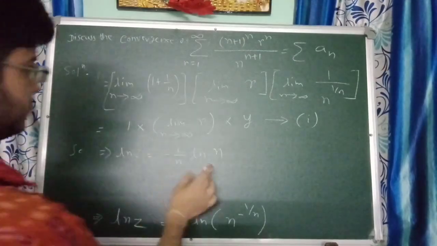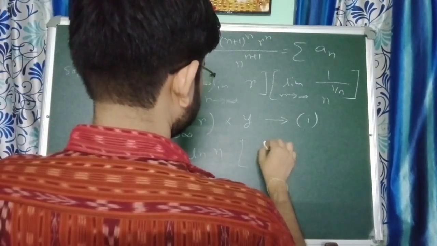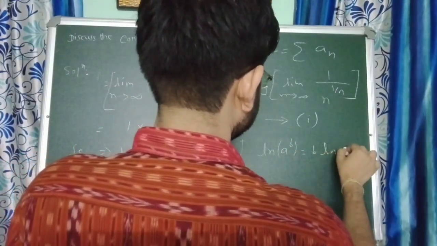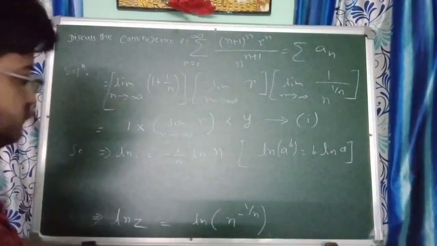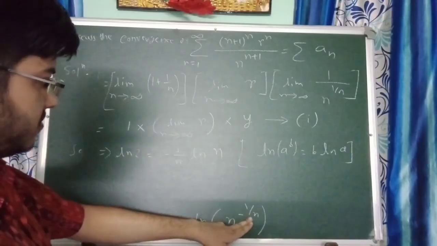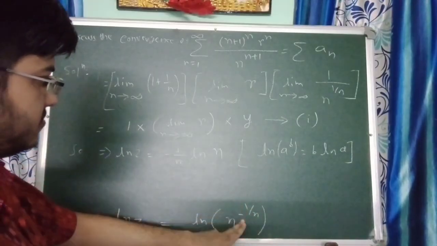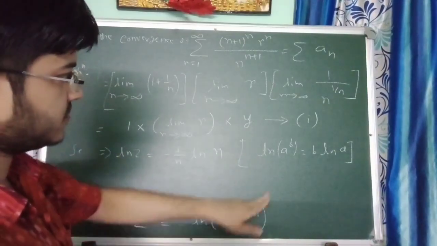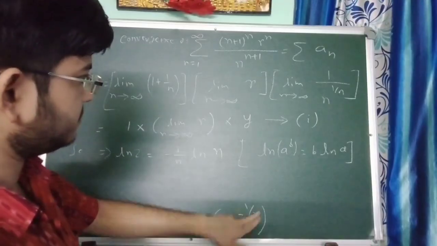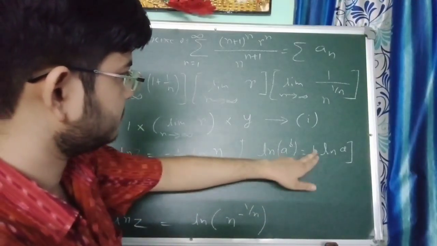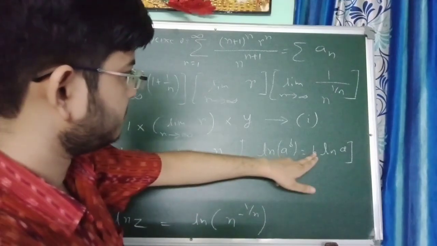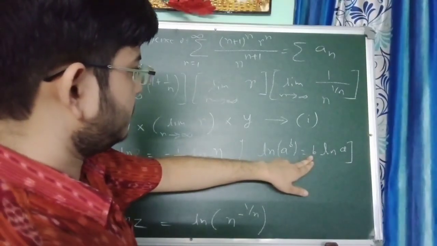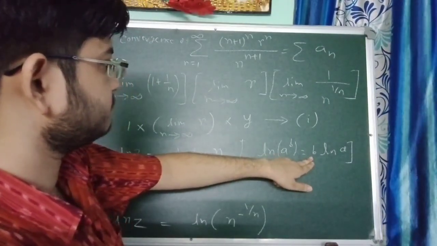By the property of log, since we know that log a to the power b equals b into log of a, here n to the power minus 1 by n. If we compare a to the power b with n to the power minus 1 by n, here b is minus 1 by n. So when we apply log, the power comes down into the coefficient part.